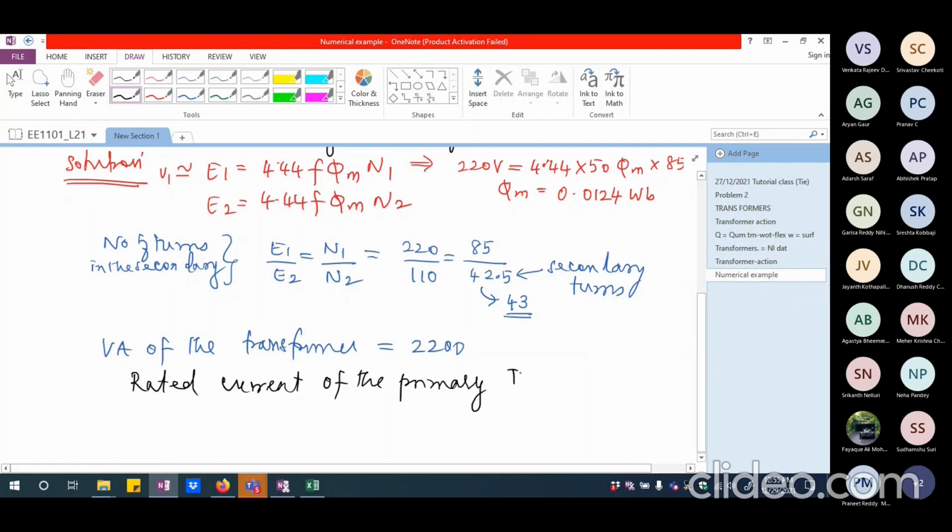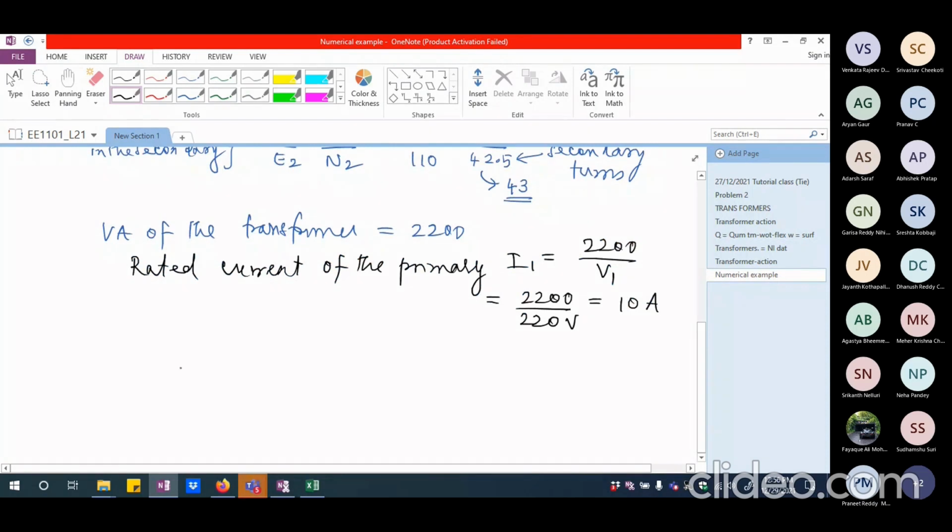That is I1. If I want to calculate, I should say 2200 divided by V1, and V1 is given to be 220 volts. So we are going to get this as 10 ampere, very clearly the secondary side current.